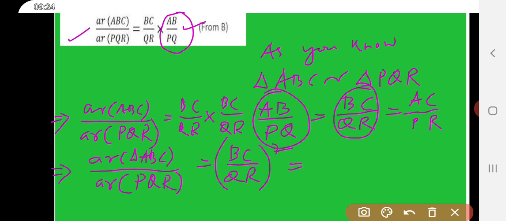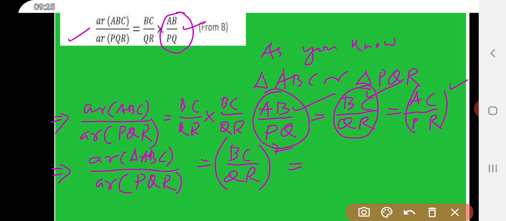And which is equal to, as you know, BC by QR is equal to AB by PQ and AC by PR.